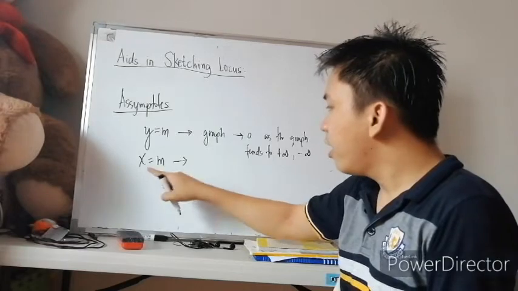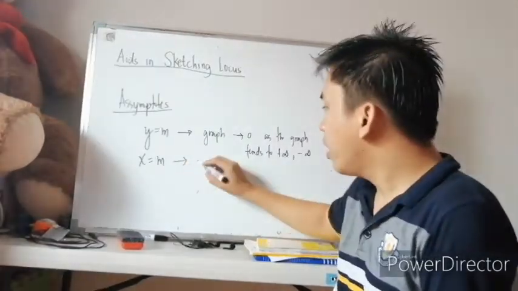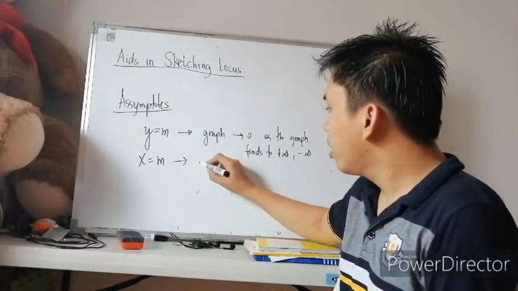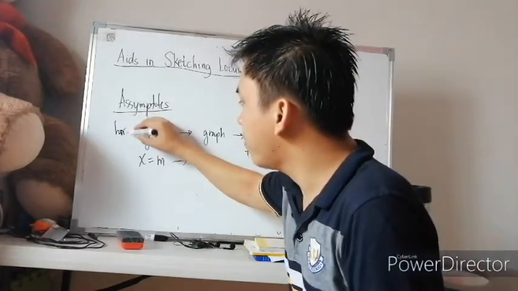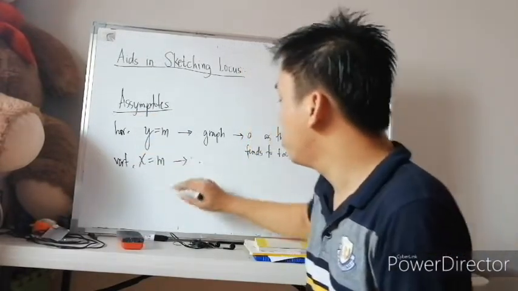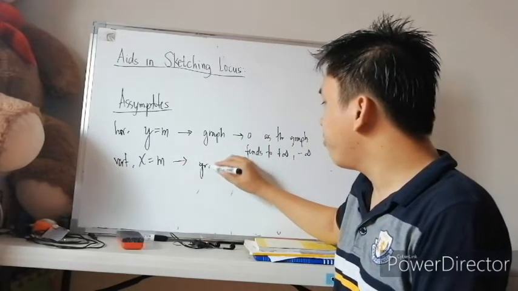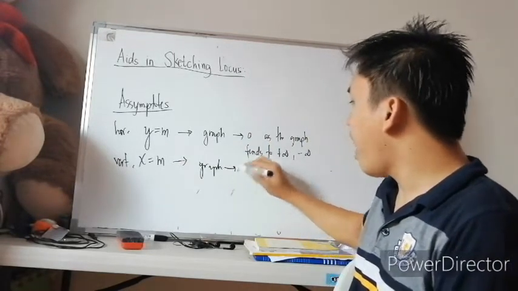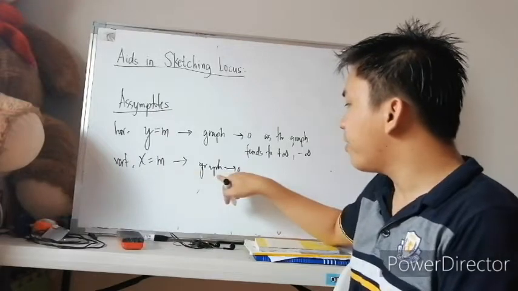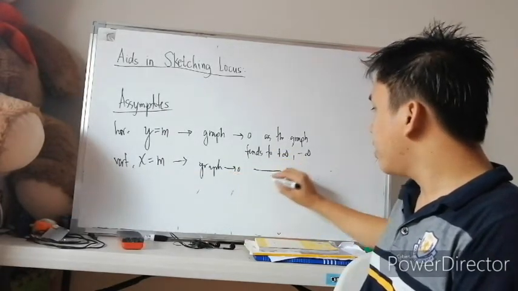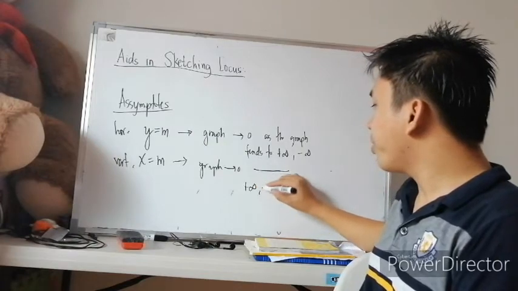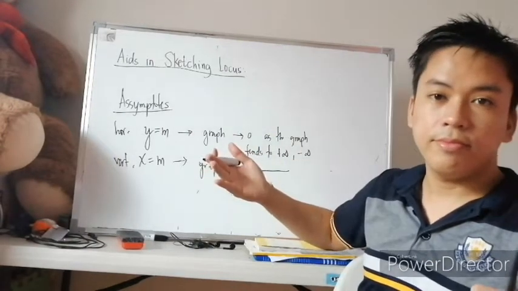So this line x equals m is the vertical asymptote. So this is the horizontal asymptote, and the vertical asymptote is when the distance between this line and this graph approaches 0 as the graph tends to positive infinity or negative infinity.